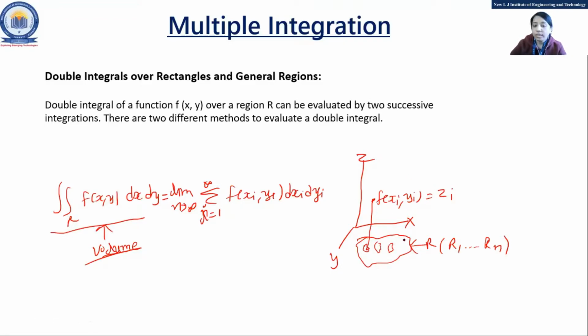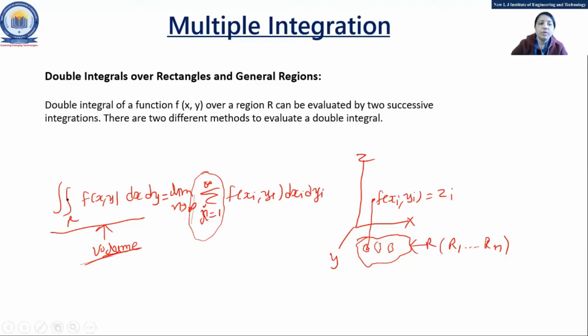Now all this procedure should be repeated for all regions. The summation of all regions will give you a volume. So that is the main concept of multiple integration. This is just for the understanding of why we are doing this. It is given at the starting of the book, so that is the meaning of this equation.